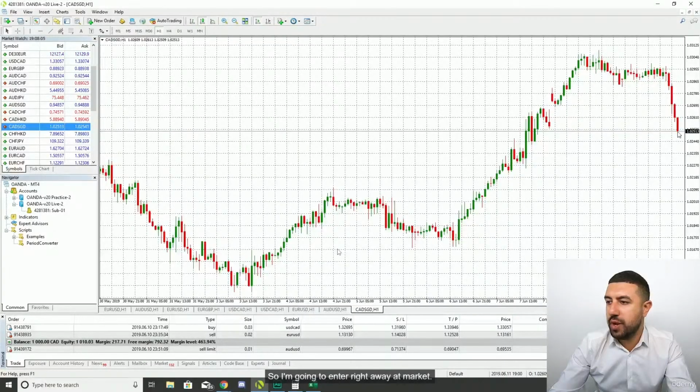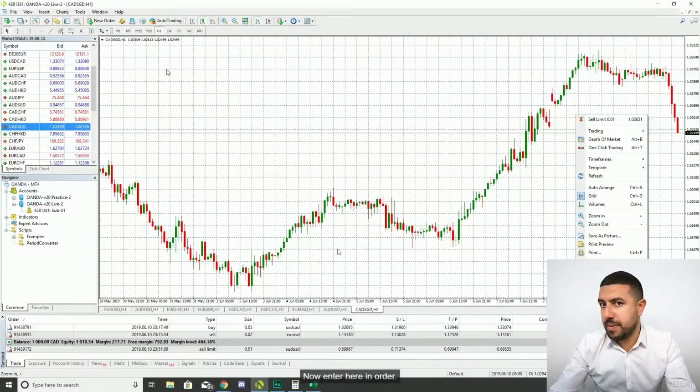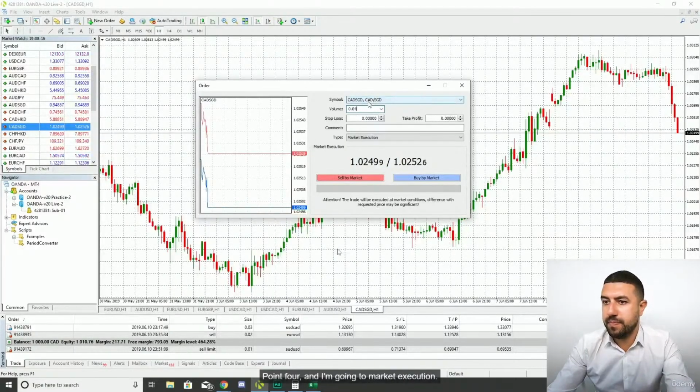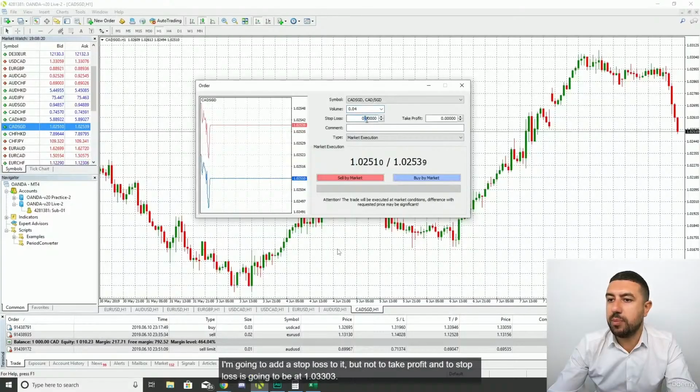So I'm going to enter right away at market. Now enter here, new order, 0.04. And I'm going to market execution. I'm going to add a stop loss to it, but not the take profit. And the stop loss is going to be at 1.03003.